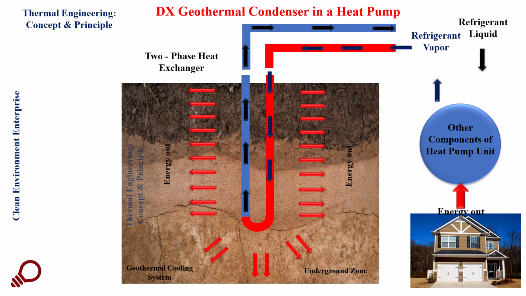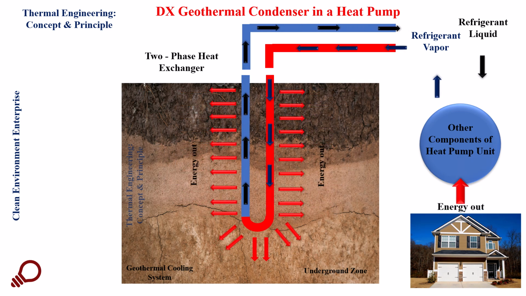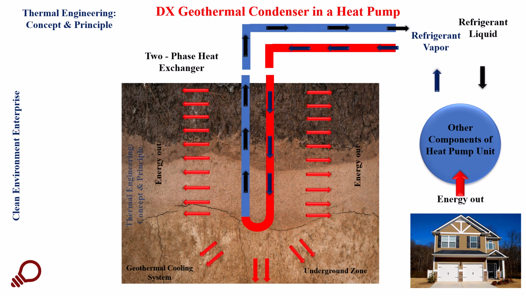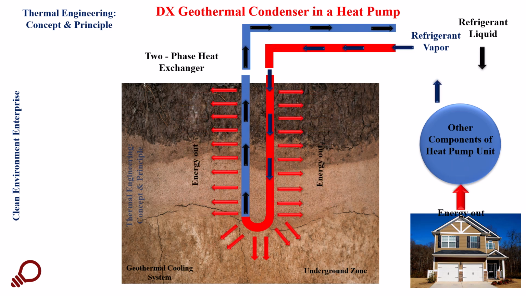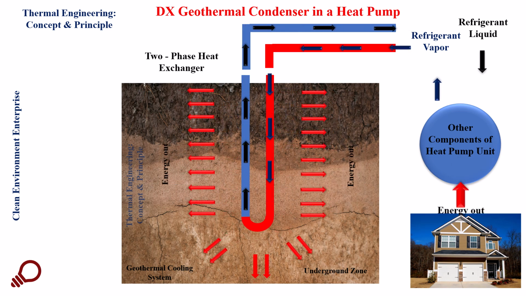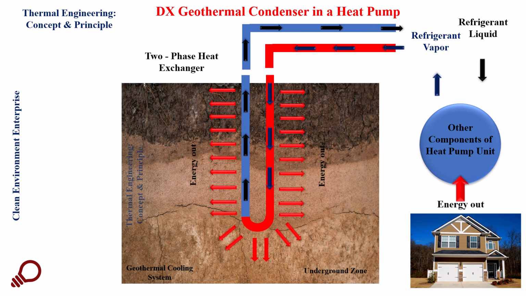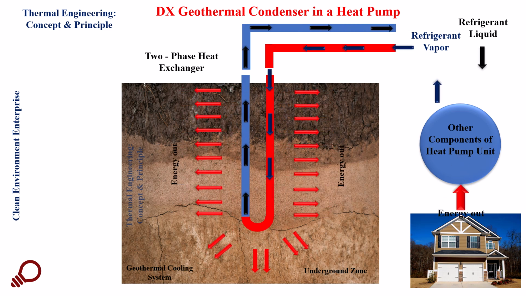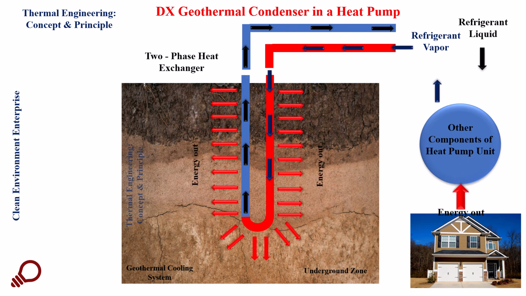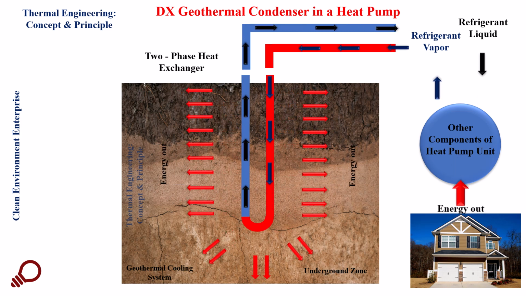Here we have the refrigerant vapor, which is circulated in the heat pump, passes through the inlet part of the heat exchanger through the red line, and then it rejects energy to the ground, of course, through the filling or the grout to the ground, and then returns as a liquid refrigerant to complete the closed circuit of the heat pump.